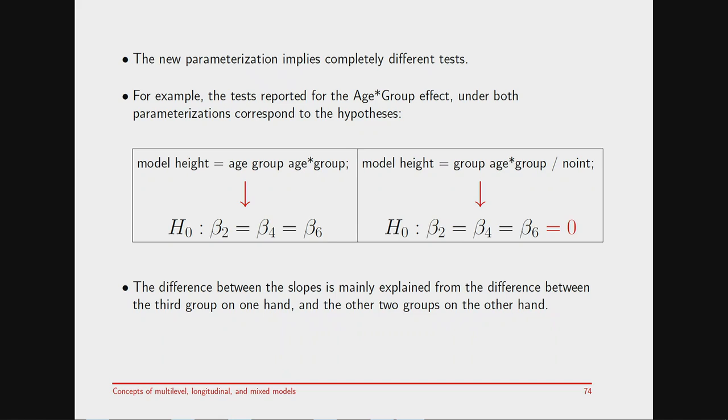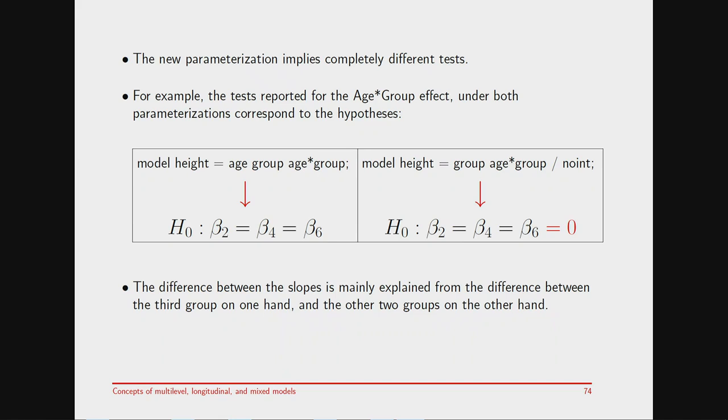If you had chosen to use the second parameterization, and you then would like to test the traditional interaction, you can do it, but then you have to program it yourself. And you can do that with a contrast statement. The contrast statement would then be: contrast, you have to give it a name, interaction, for example, and then you would say group by age.